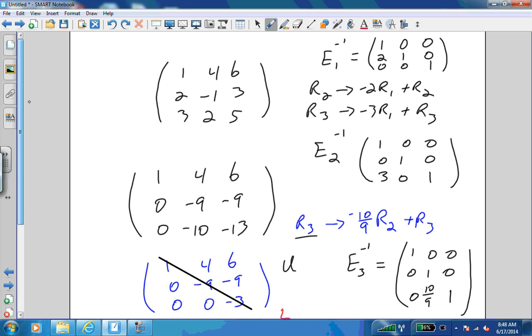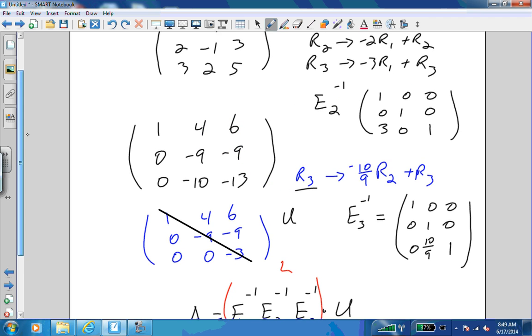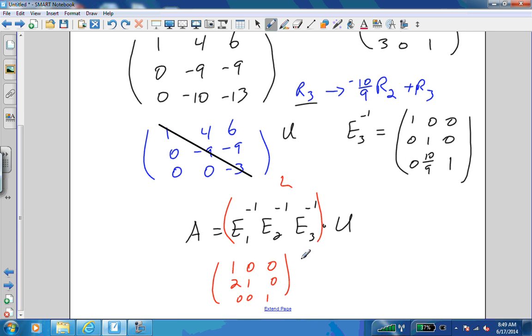So let's take those: 1 0 0, 2 1 0, 0 0 1, times 1 0 0, 0 1 0, 3 0 1, times 1 0 0, 0 1 0.